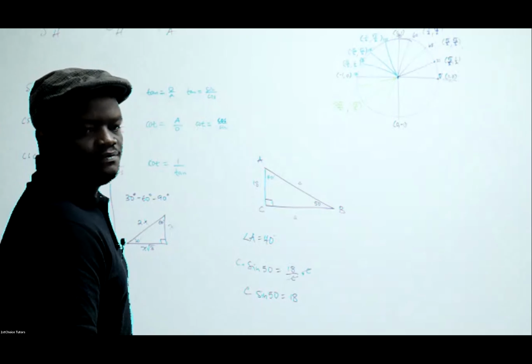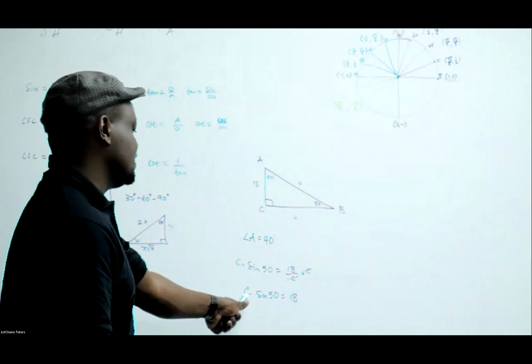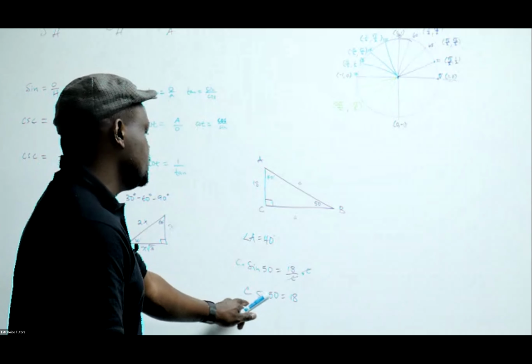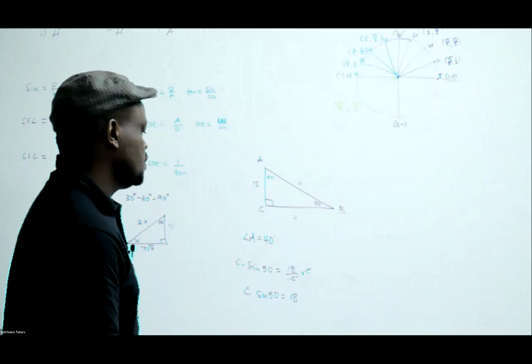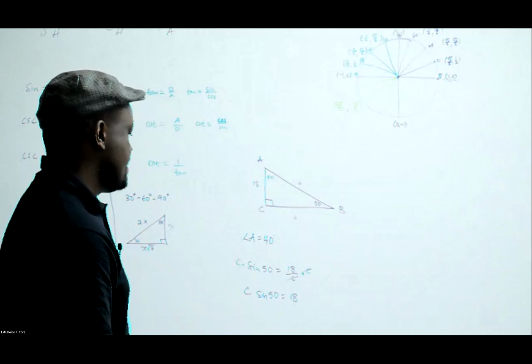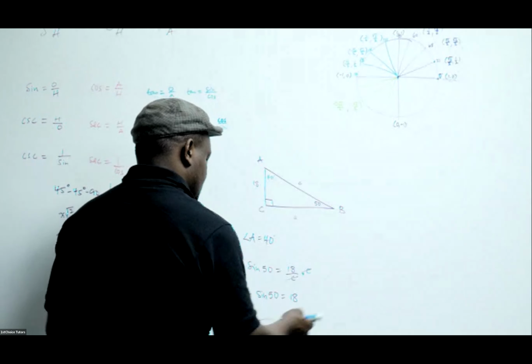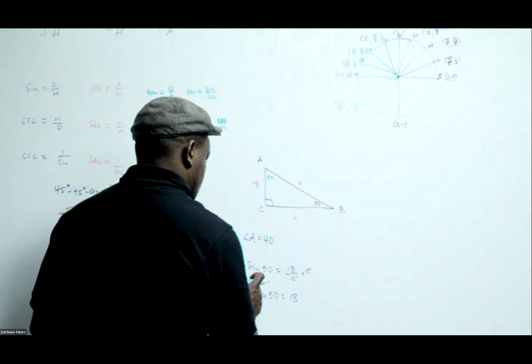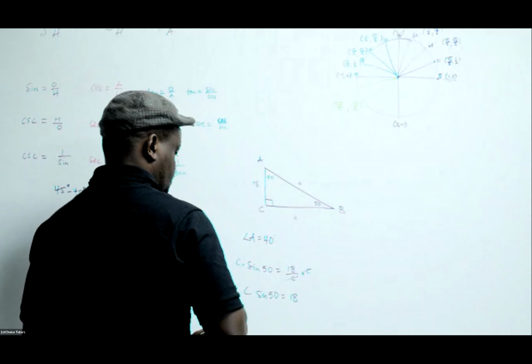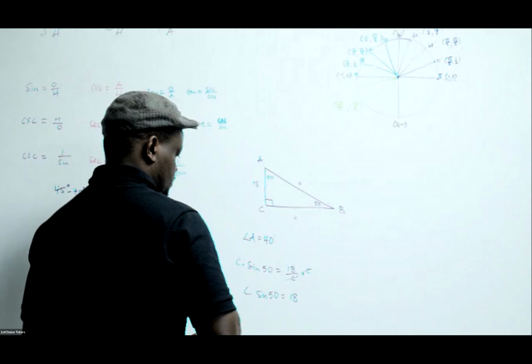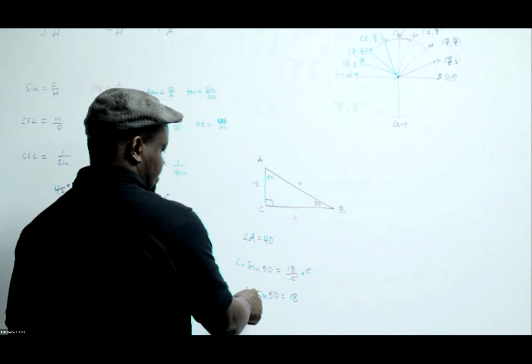Does that make sense so far? So we're closer to getting C by itself. What do we need to do so C is by itself? We've got to get rid of the sine 50. How do we do that? What's currently happening between the C and the sine 50?